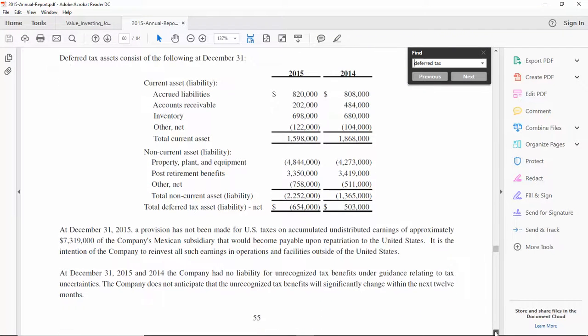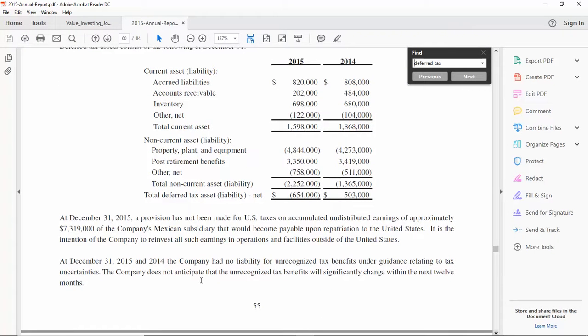So this is important. I would note this, especially for this size of company, almost over $7 million of earnings that could become earnings in the future if they were to be repatriated into the United States. Again, since they have a subsidiary down there, they will likely keep those earnings in Mexico and reinvest them. But again, I would keep note of that.